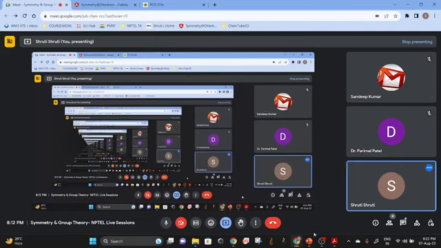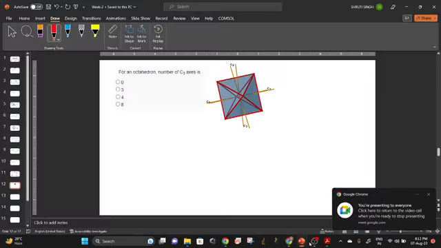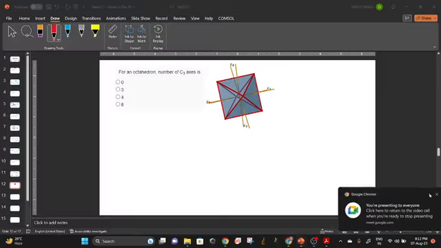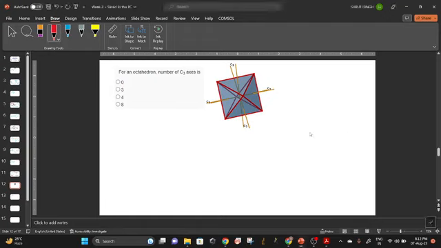Done? The answer was right there. I have given you the answer here. So there are 1, 2, 3, 4, 4 C3 axes.